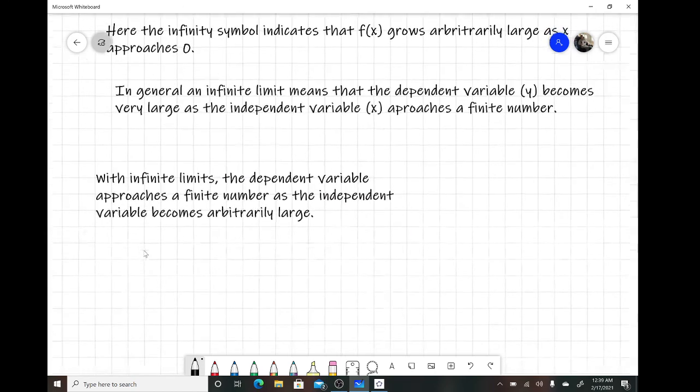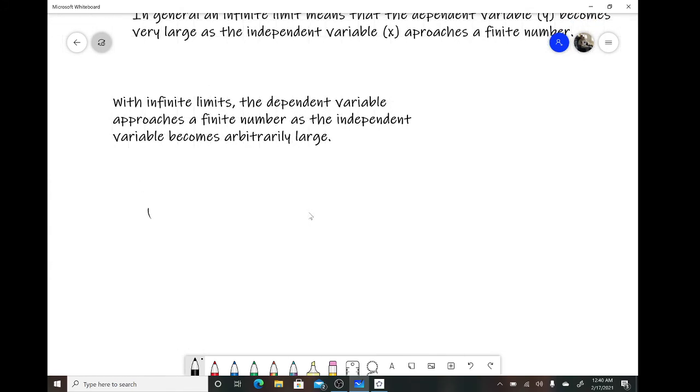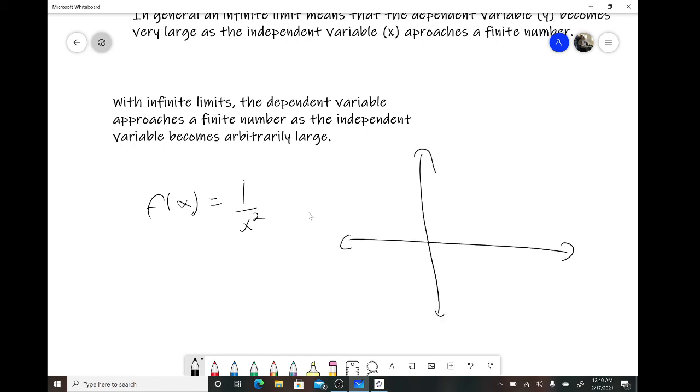So using the same example of f of x equals one over x squared, if we instead focus on the limit, let's say the limit as x goes to infinity of 1 over x squared, that limit is going to be equal to 0.